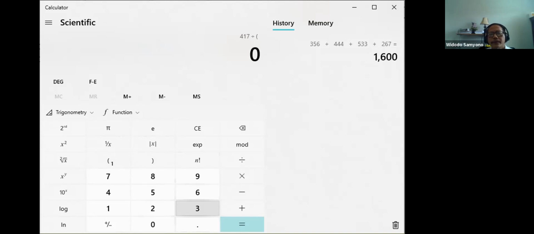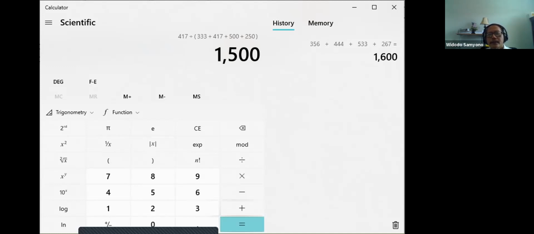So the total will be 333 plus 417, plus 500 plus 250, and then close parentheses, okay.